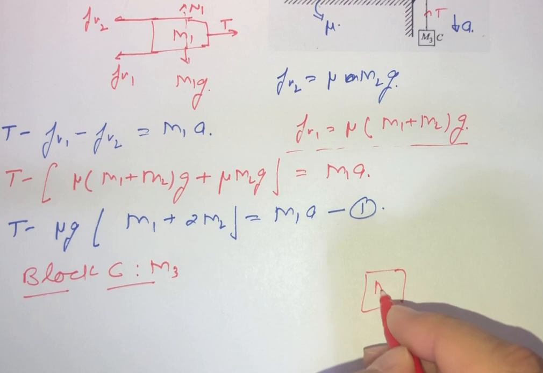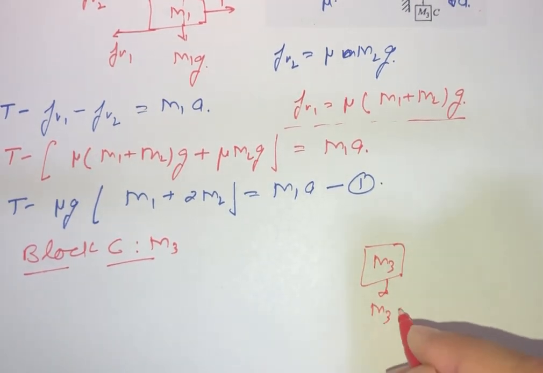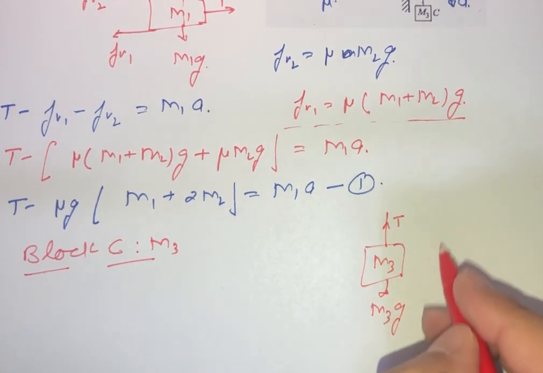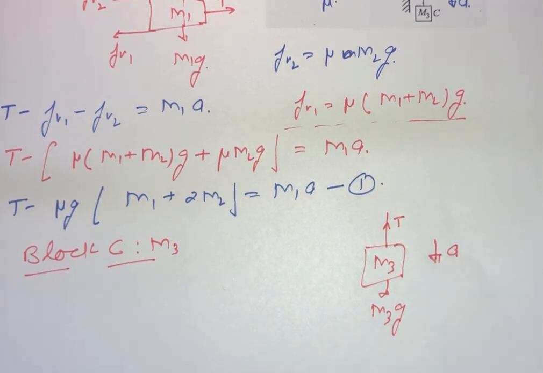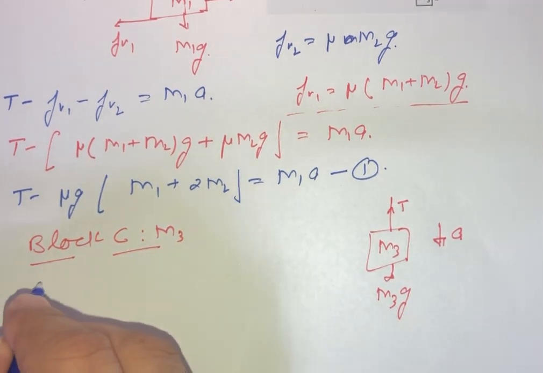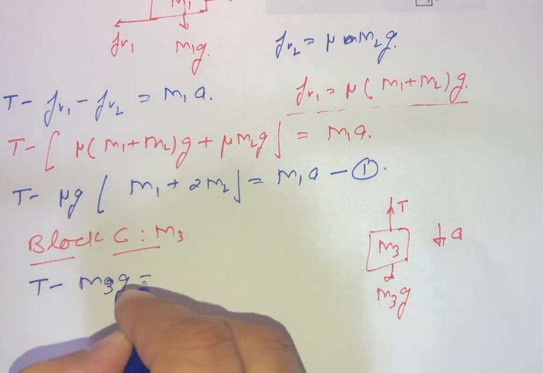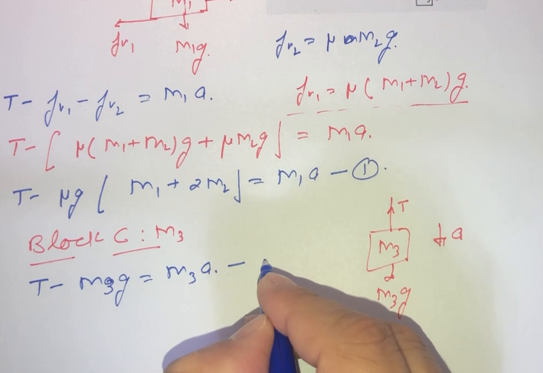So this is our m3. m3g will be acting in downward direction, and there will be tension T in upward direction, and we assumed it is moving with acceleration A in the downward direction. So we can write the equation of motion that T minus m3g is equal to m3a, and this is equation number 2.